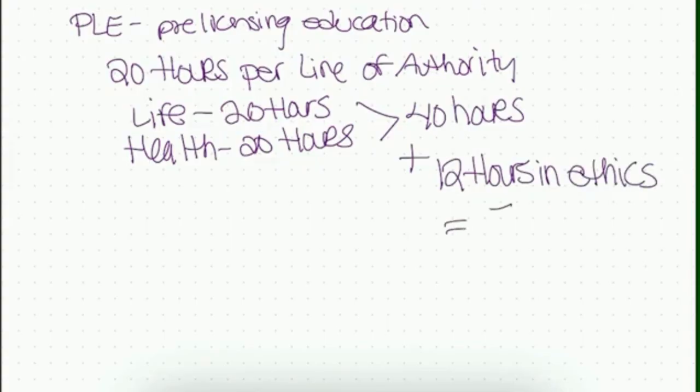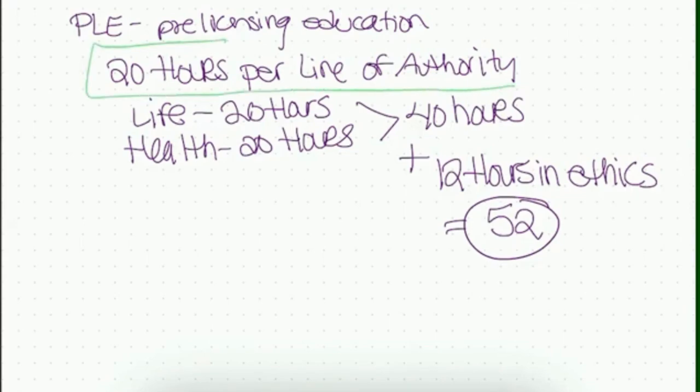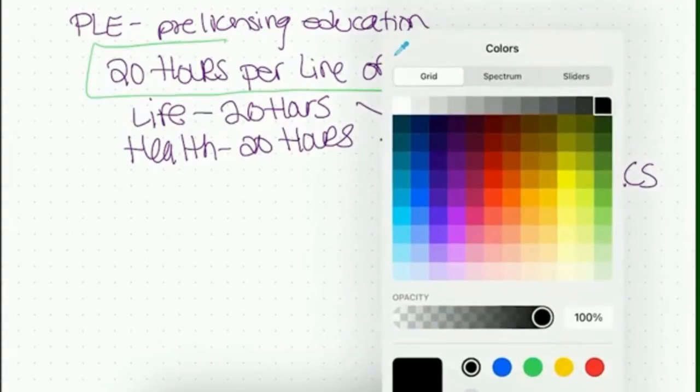You're normally going to see the question looking for this answer, 20 hours per line of authority plus 12 hours in ethics. Okay, but pay attention to how the question is worded because they could be looking for 52.